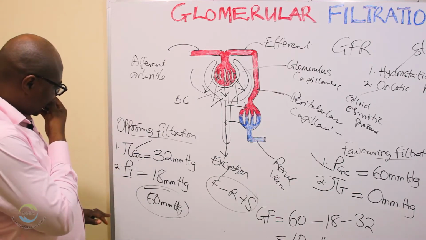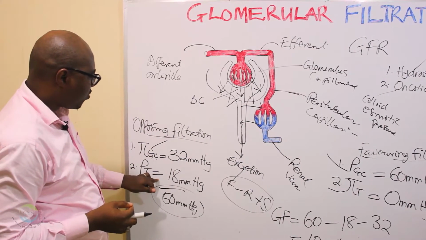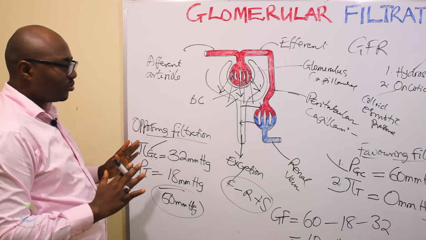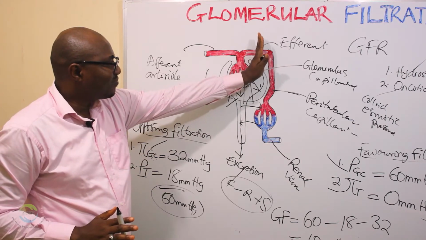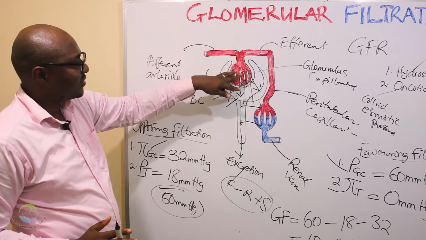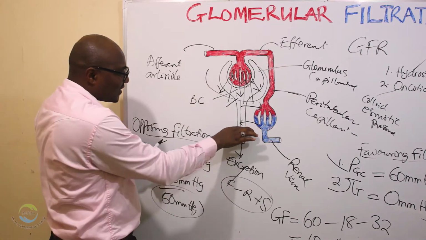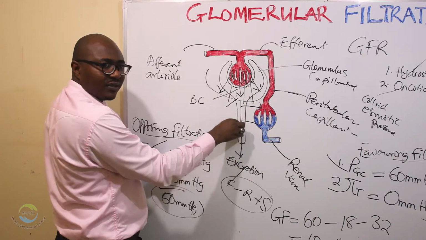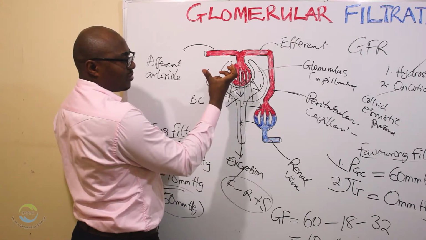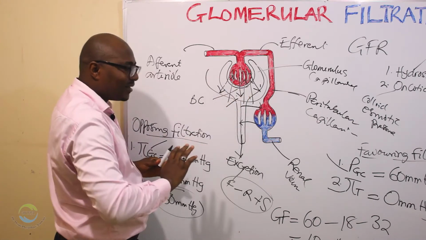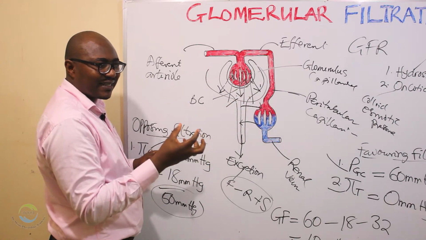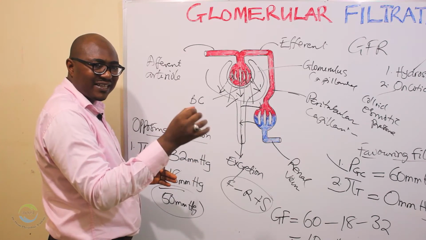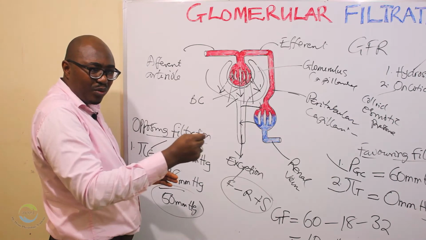Then the next one is the hydrostatic pressure of the tubule or the Bowman's capsule. What do you think will change it? Similar to this one, once there's a blockage here, it increases the pressure here. The same thing, once there's anything that will block the flow of fluid in the tubule, it will accumulate and increase. Things that can cause that are blockages, like kidney stones that can block the ureter.